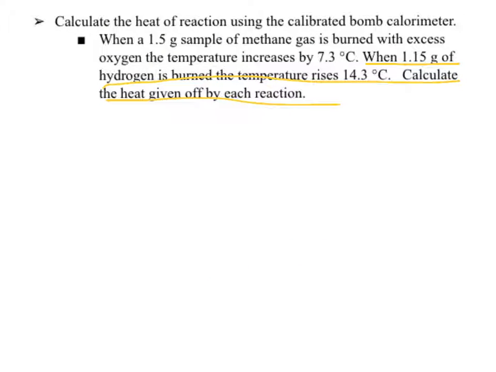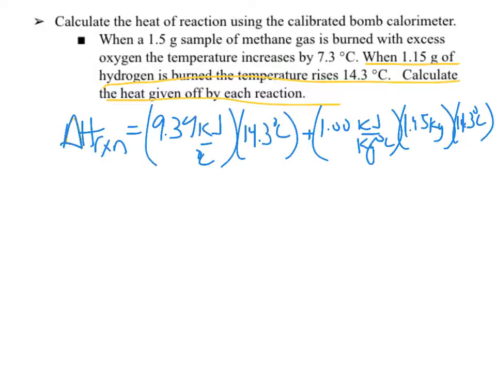Okay, the second question, which I've underlined in yellow here, is going to be set up exactly the same way. I'm going to do one different step at the end, but just so you don't have to watch me write all of this, you're going to see it all flash on the screen, so be ready to pause. So you'll see they use the same 9.39 kilojoules per degree Celsius, which is the heat capacity of my calorimeter.